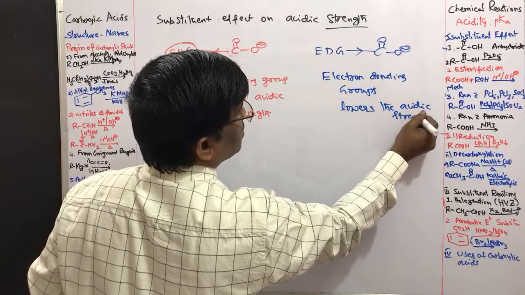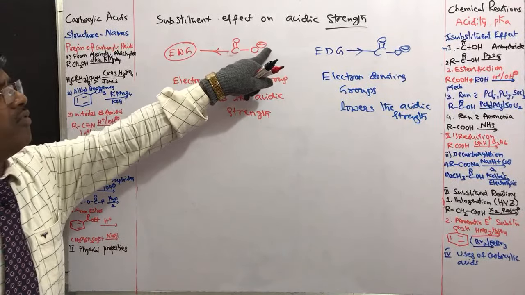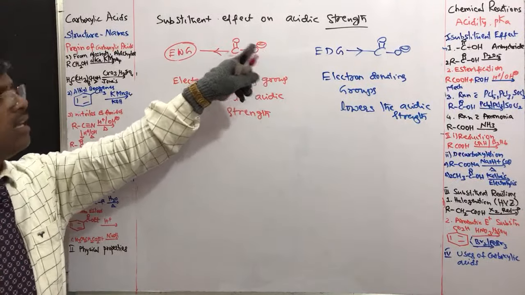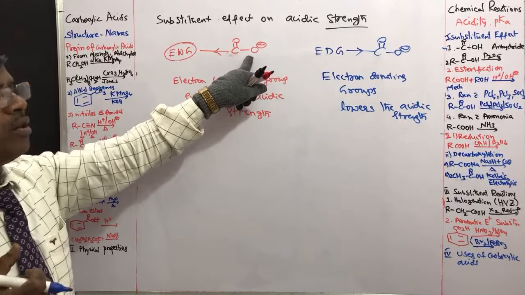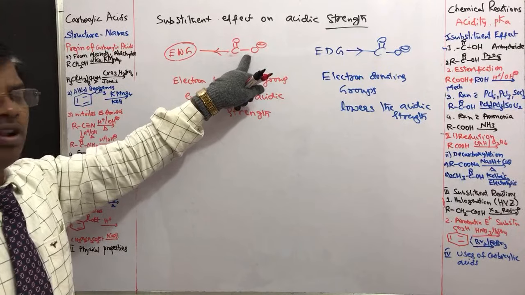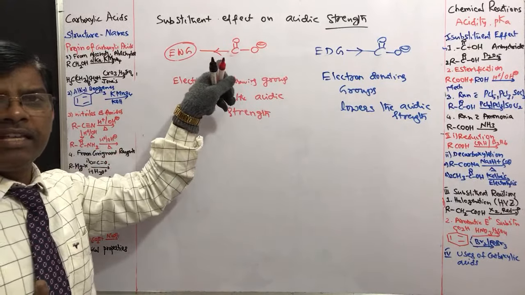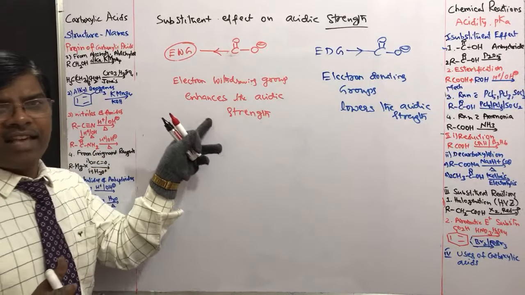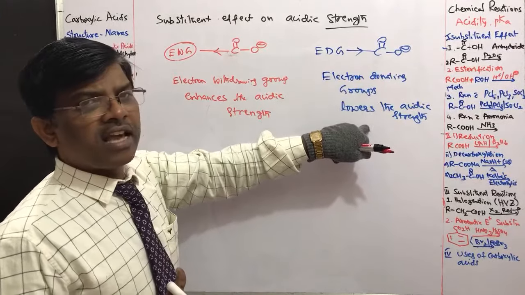It is very simple, students. What is happening? The anion which is there, the O minus: if there is an electron withdrawing group to share it, then it is going to be stable. So it easily loses H plus ions and the anion is stable. So electron withdrawing groups enhance acidic strength, and electron donating groups lower the acidic strength.